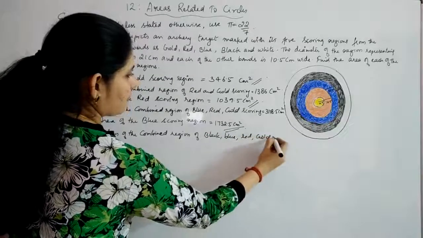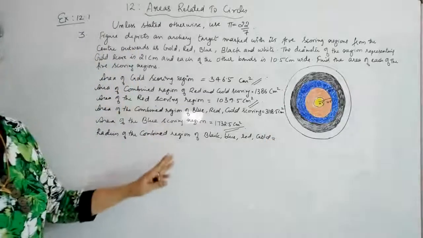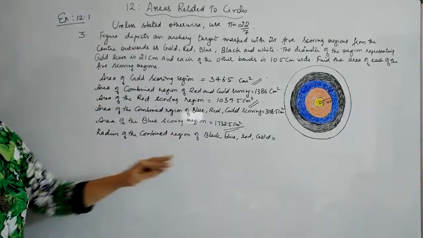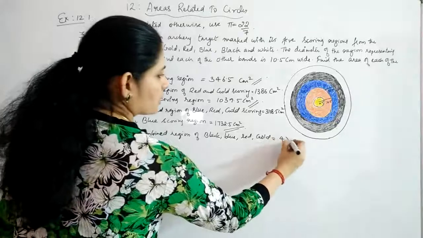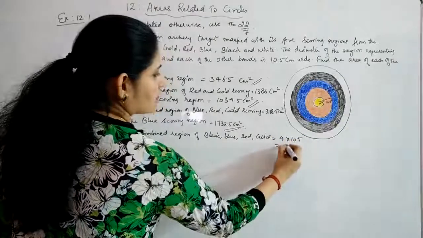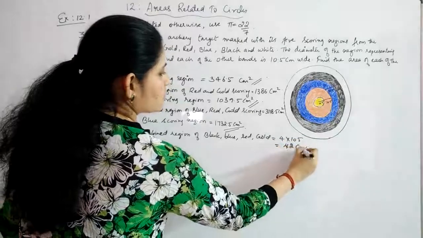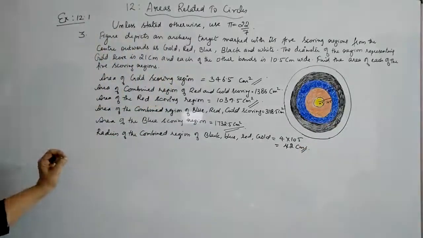You will get 4 into 10.5 and this is giving you 42. So the radius of the combined region till black is 42 centimeters.